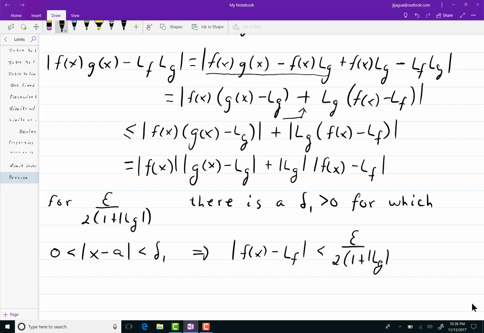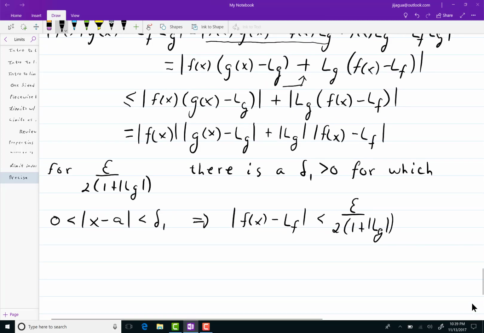So if you want to think about it, for this particular inequality, this epsilon over 2 business is the epsilon that is given, and this is the delta 1 that is guaranteed by the fact that the limit exists.